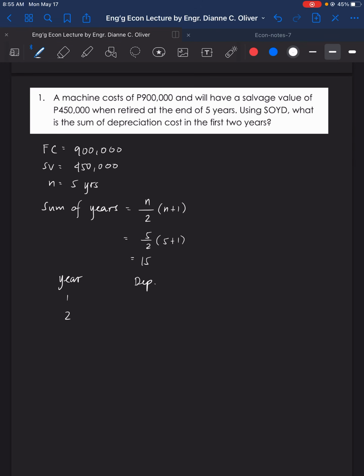The first cost is 900,000 minus the salvage value of 450,000 multiplied with the total number of years of the property, 5, divided by the sum of years of 15. So that's for the depreciation. Then the next one will be 4 over 15.